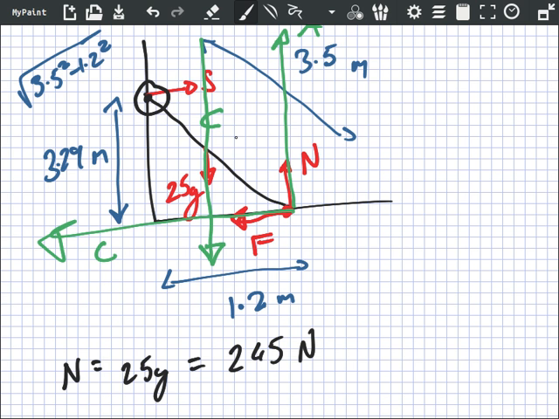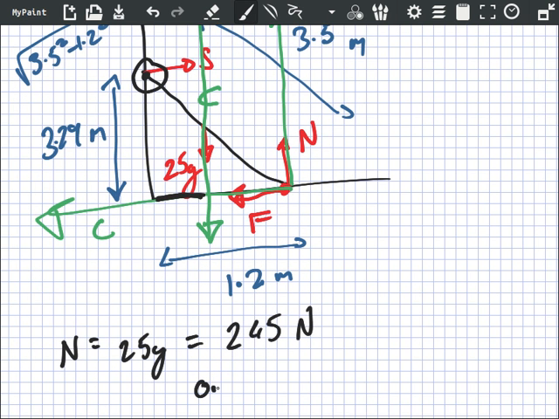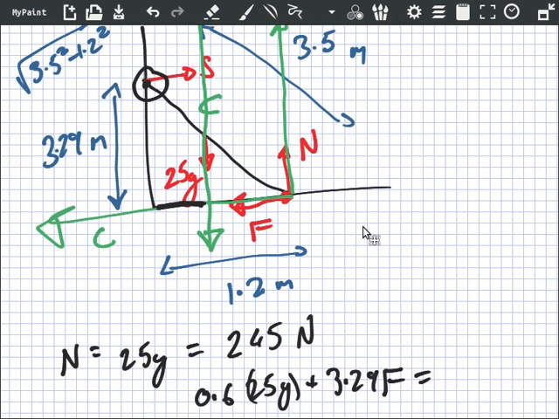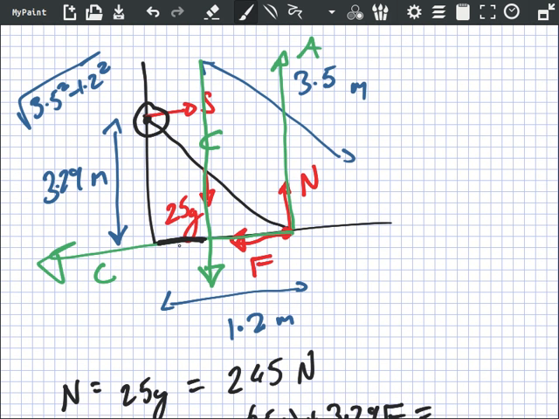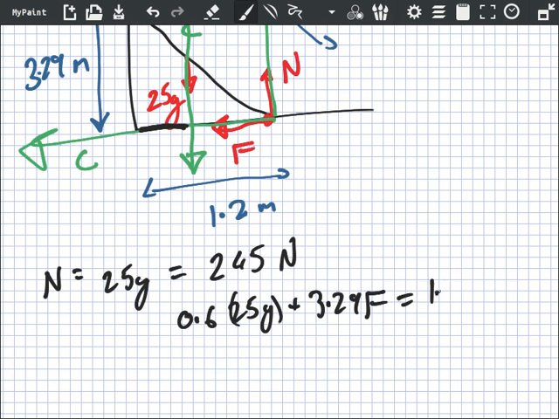So if this is 1.2, then what's this distance here? It's 0.6. So it's 0.6 times 25g plus, and then this is another clockwise one, 3.29 times F. That should equal this one here, which is the full 1.2 times N. 1.2 times 245.